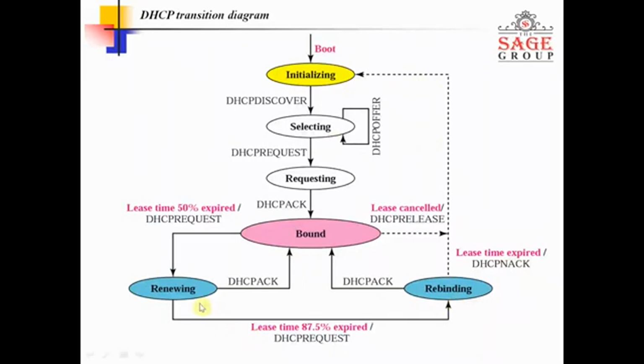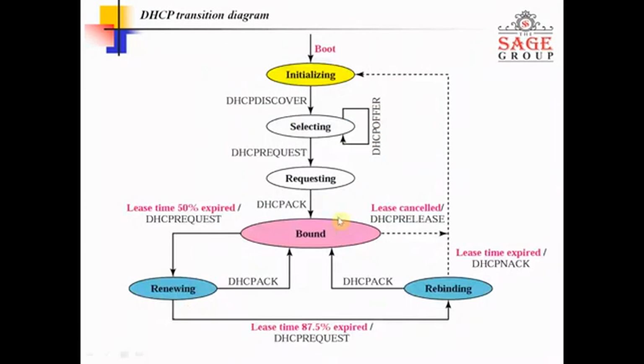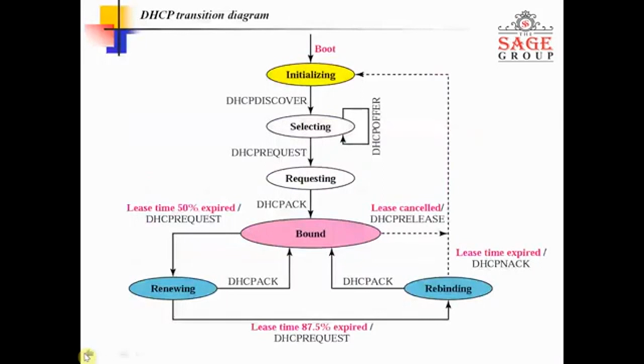When renewing has that tag, it applies the acknowledgement: I have to change my IP address, tell me the IP address. That is sent by renewing to the bound. Or if there is no acknowledgement, renewing sends this message to rebinding: I don't have any acknowledgement, I was renewing the IP address.